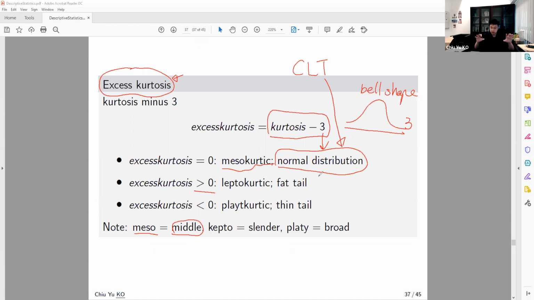If the tail is fat, it's like this. If the tail is thin, it will be something like this, not very common. This is called thin tail, and this is called fat. Fat means the extreme point is very common.